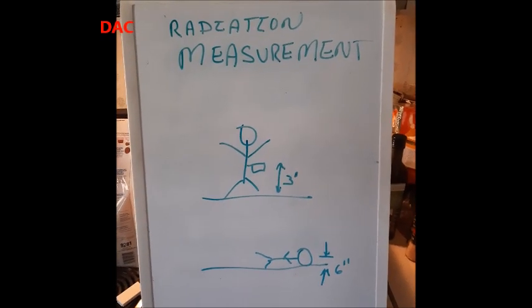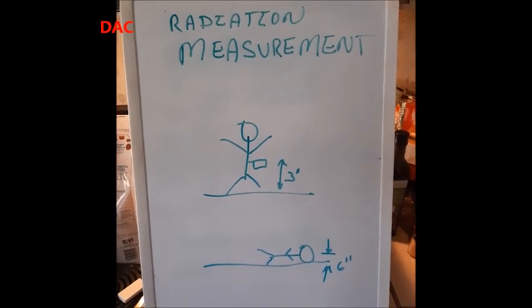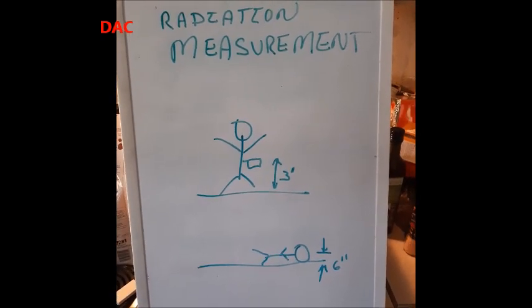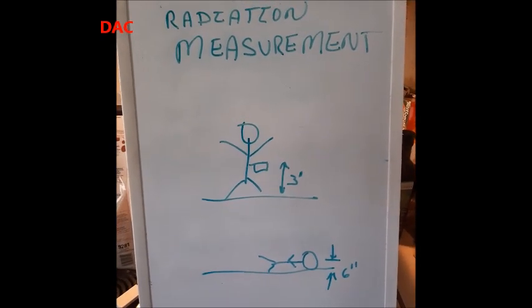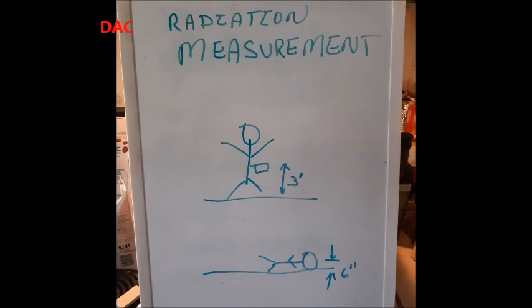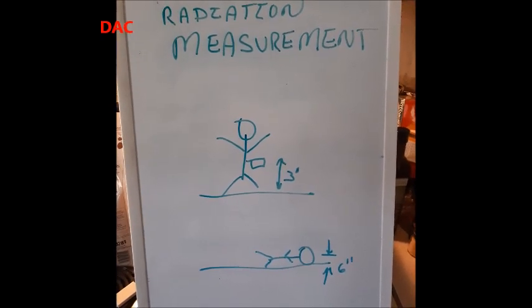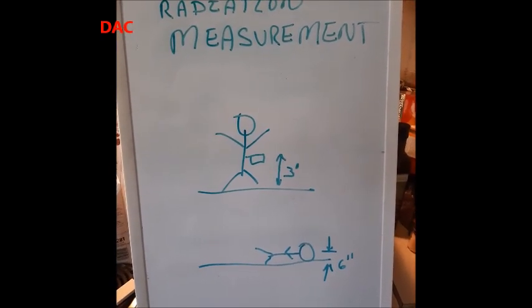The next point of confusion in a nuclear war survival scenario is how to measure radiation. All of the military charts, all of the civilian charts are designed for the instrument to be 3 foot off of the ground.